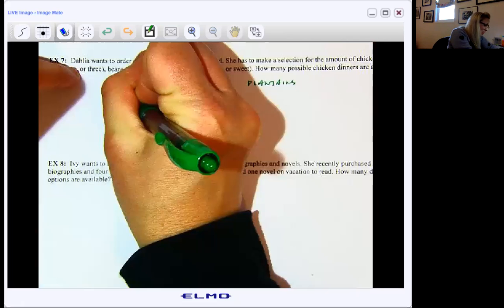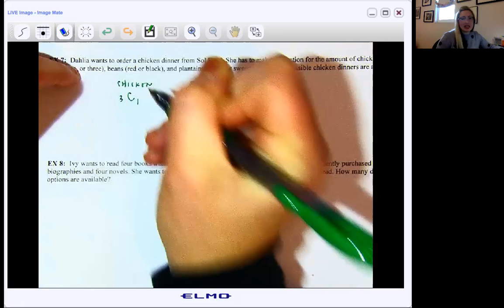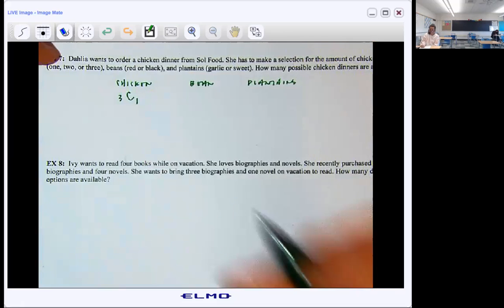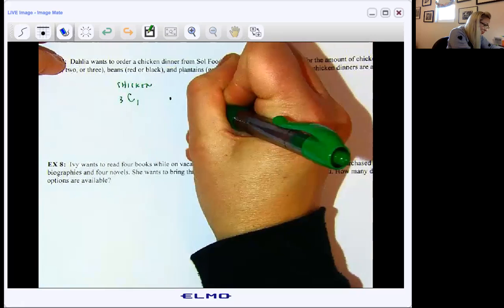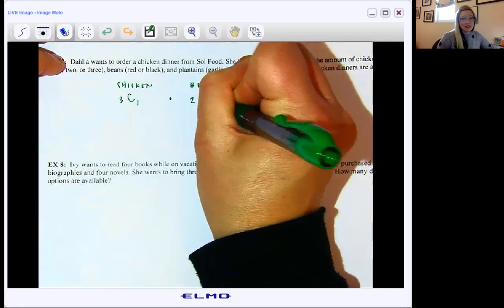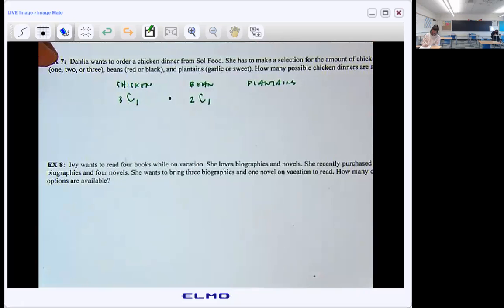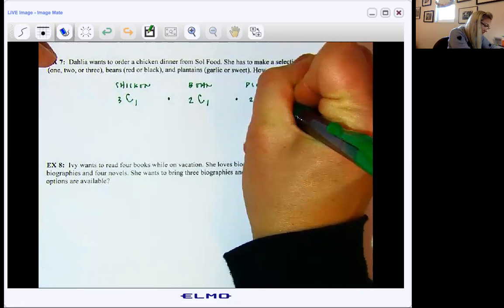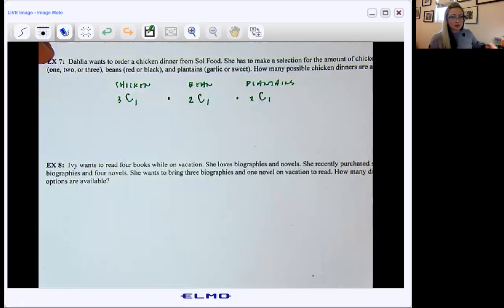So out of those 3 options, she's choosing 1. And then for the beans, out of those 2 options, she's choosing 1. And for the plantains, she's got 2 options and she's choosing 1.